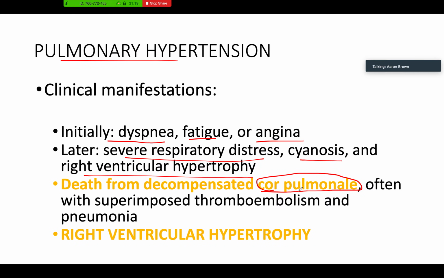However, because of this elevated pressure in the pulmonary system, the right heart is having to work twice as hard, 3 times as hard, 4 times as hard, and ultimately these patients get very, very sick. Death could be because of a superimposed thromboembolism, pneumonia, as parts of the lung are not getting enough perfusion. Immune cells cannot get there to fight bacteria. These patients can develop very bad pneumonia. And obviously, right ventricular hypertrophy is a big part of that picture.